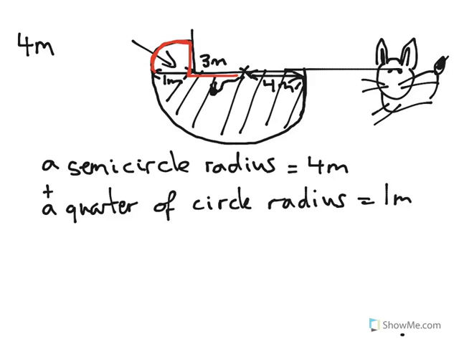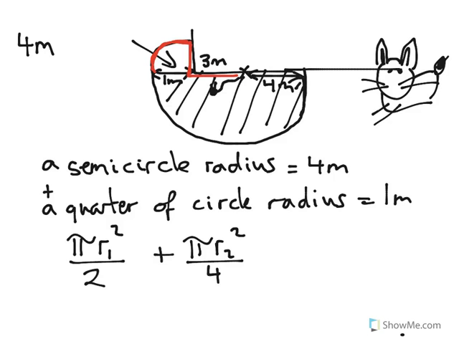So we'd have to work out the area of the semicircle, pi r1 squared, divided by 2, and pi r2 squared divided by 4, where r1 is the radius of the larger circle, 4 meters, and r2 is the radius of our smaller circle, 1 meter.